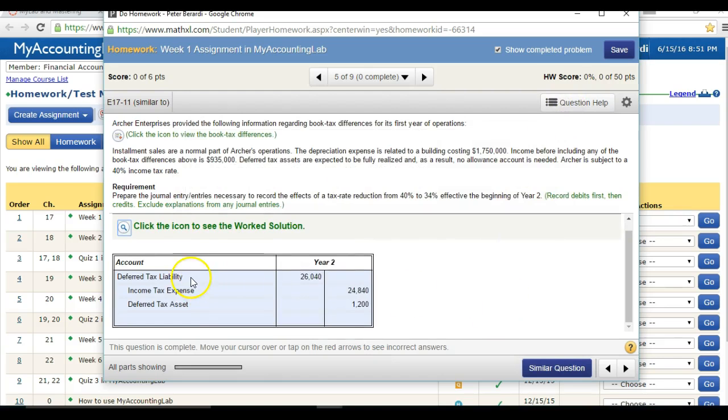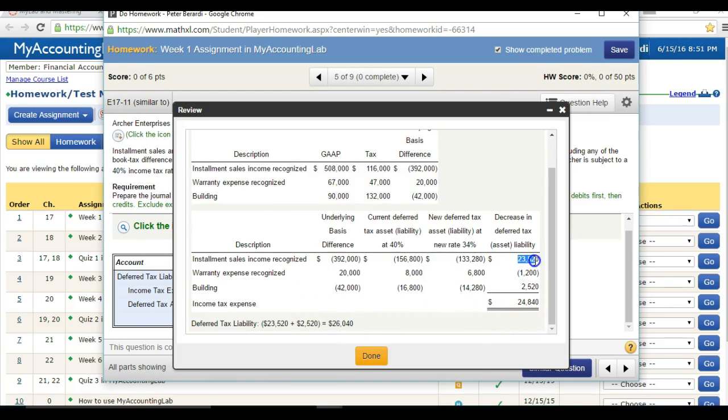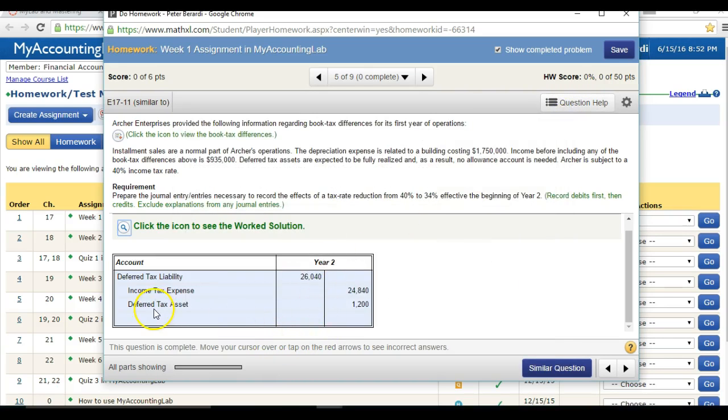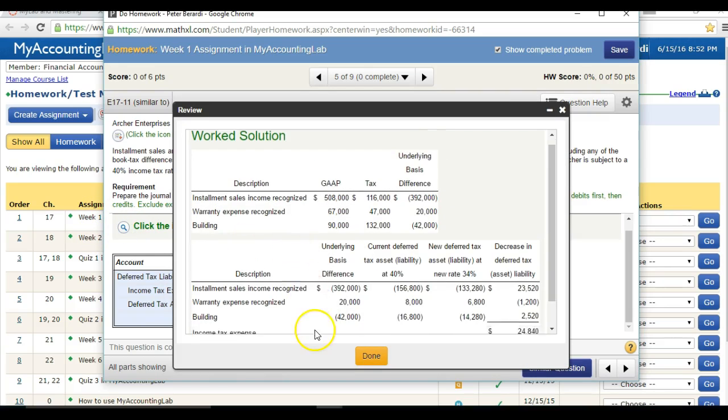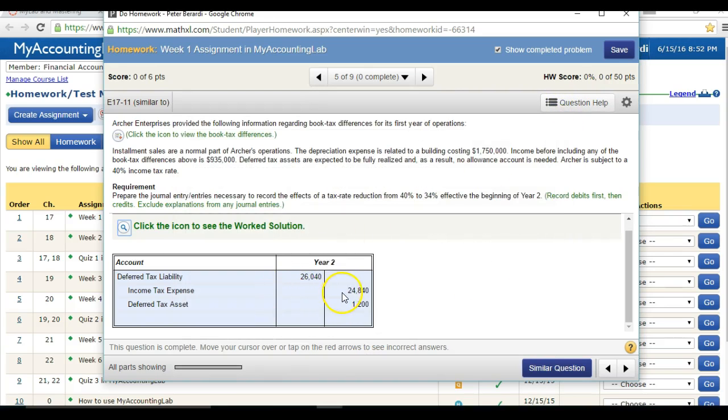So your journal entry is simply the deferred tax liability of $26,040, which is $23,520 plus $2,520. The deferred tax asset is $1,200, and your income tax expense is $24,840, which is calculated right here. That's how you would solve problem 5 out of 9.